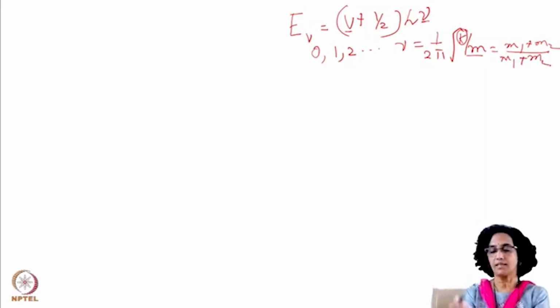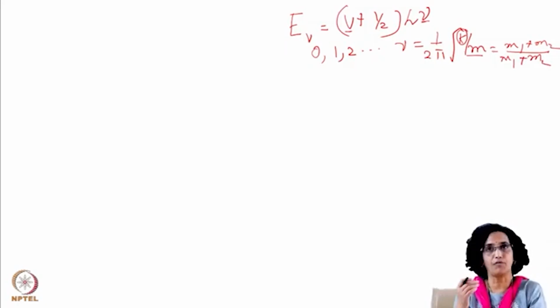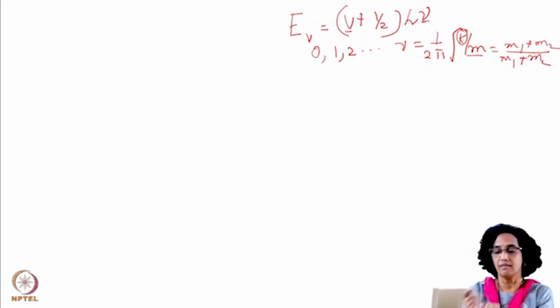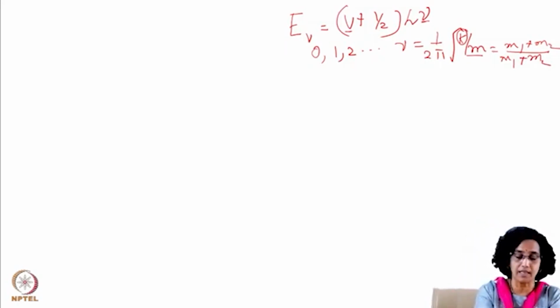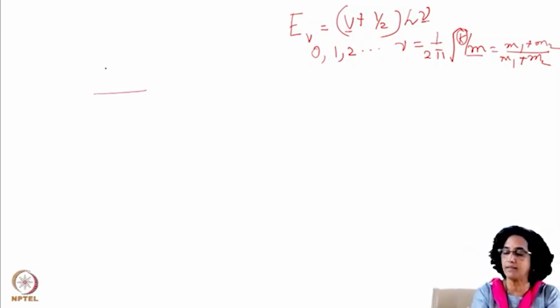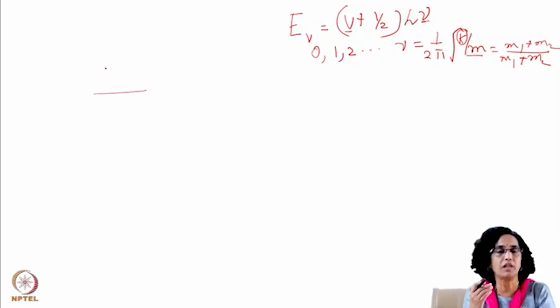So as long as these vibrational levels follow the simple harmonic motion, then we have seen that these energy levels are equispaced. The separation between two vibrational energy levels should be constant and should be equal to h nu.